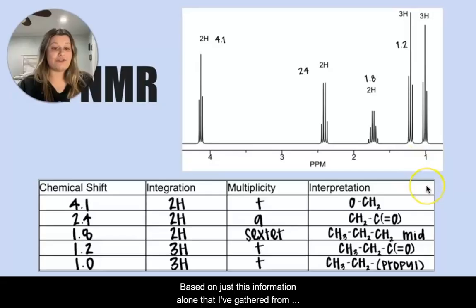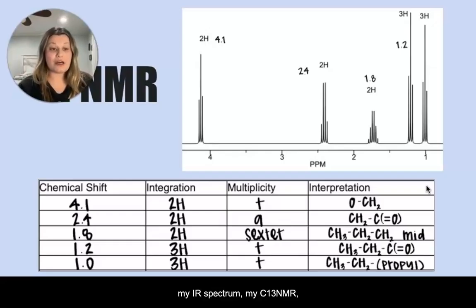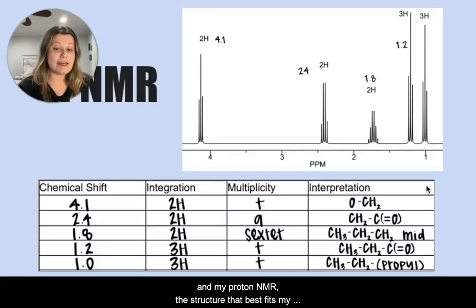Based on just this information that I've gathered from my molecular formula, my degree of unsaturation, my IR spectrum, my C13 NMR, and my proton NMR, the structure that best fits my data is an ester.